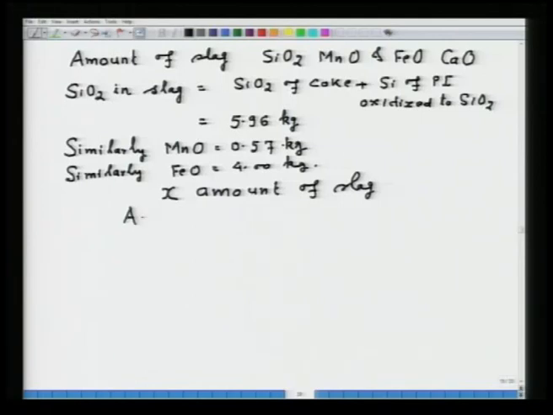So, if we sum the total and divide by 0.7, we get the amount of slag, that is equal to 15 kg per minute. Now, once we get the amount of slag equal to 15 kg per minute, then we can calculate the amount of calcium carbonate.